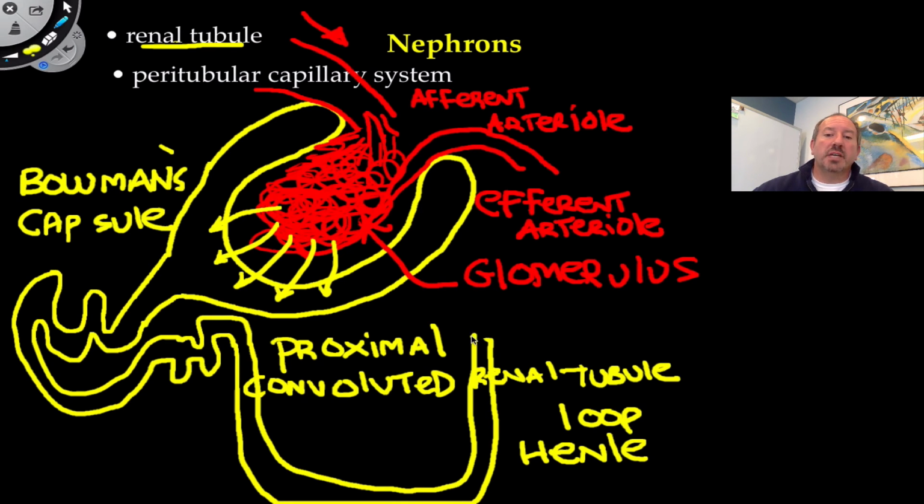And then what's interesting is the tube becomes convoluted again. Since this is a little bit further away from the renal corpuscle, although it does get very close to the glomerulus, it's called the distal convoluted tubule, the distal.